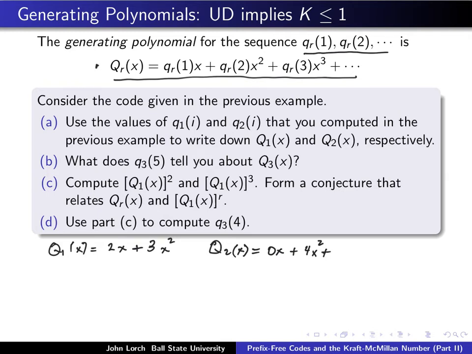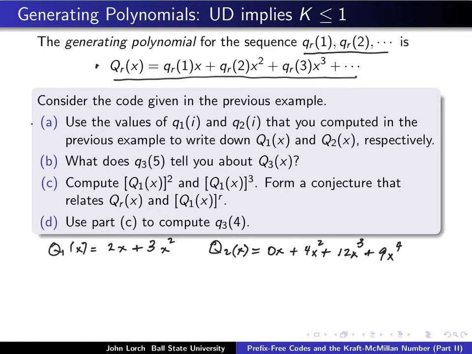Little q sub 2 of 3 was equal to 12. And little q sub 2 of 4 was equal to 9. And all of the other little q sub 2s were equal to 0. So that is what we've written down there is capital Q sub 2 of x.